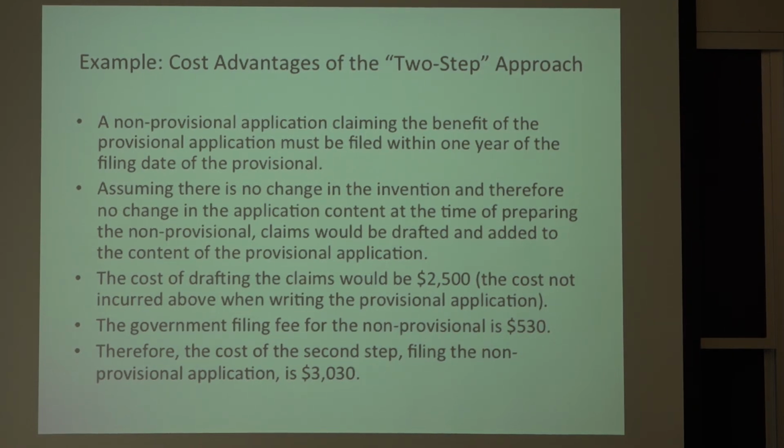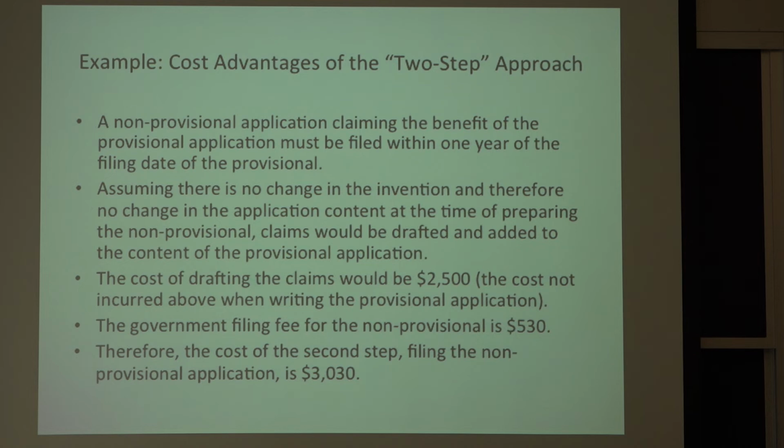So it brings the total cost of filing the patent to $3,030. And it's, what is it, $125 more than going the one-step route, but you've pushed those expenses out. And hopefully you've either come up with the money or you've got somebody to invest in your invention for you.